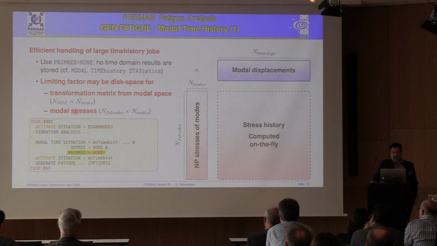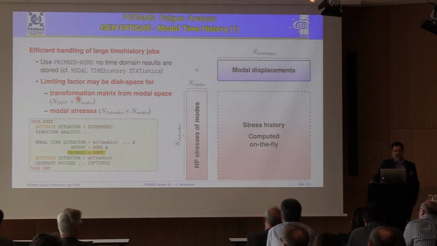And these are all of the order of your number of fatigue nodes times your number of modes. So if you want to increase your number of modes, your transformation matrix might easily be a problem for you, or if this is not the case, then probably the modal stresses will overflow your disk.